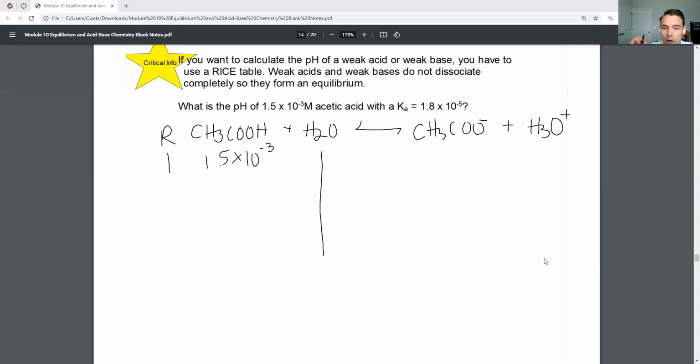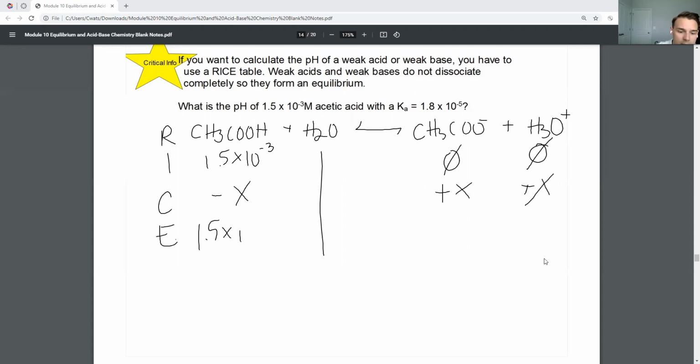I'm going to draw a line for water. Since it's a pure liquid, it does not go into our equilibrium expression, and therefore I'm not even going to worry about it. I start with none of those. I lose this, I gain this, I gain this. At equilibrium, 1.5 times 10 to the negative third minus x. This would just be x, and that would be x.